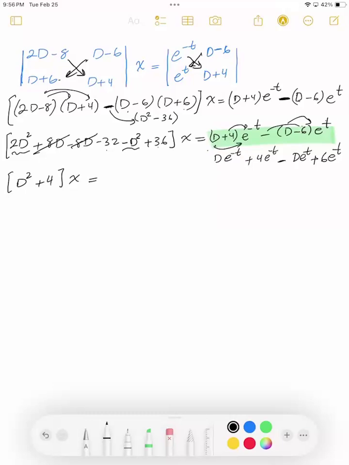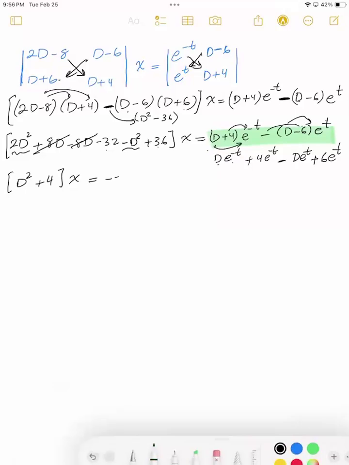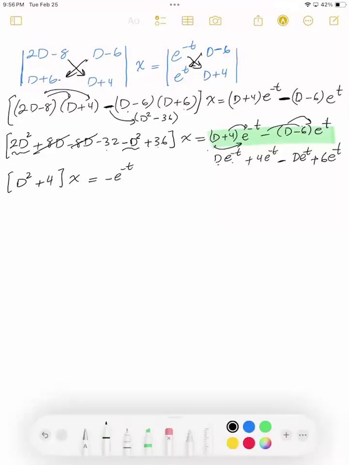So what is the derivative of e to the power negative t? That's negative e^(-t), plus 4e^(-t), minus the derivative of e^t is just e^t, plus 6e^t.